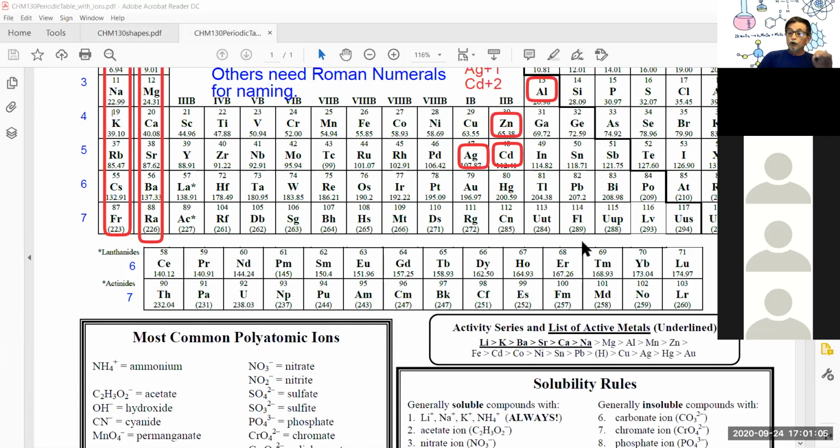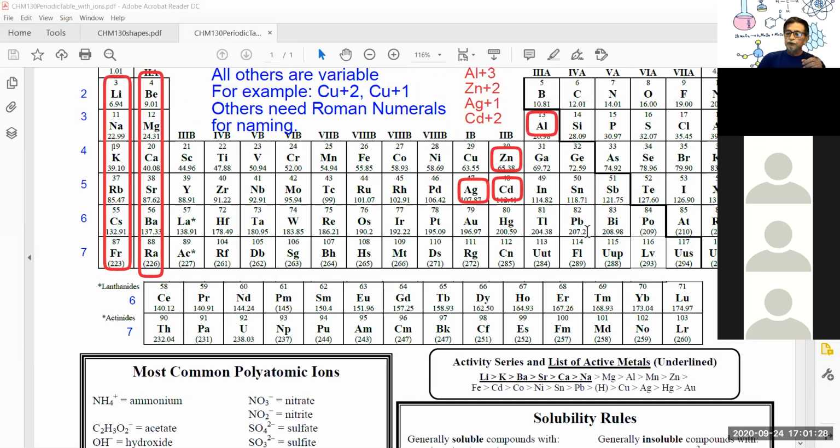Fluorine is our benchmark. Fluorine is the most electronegative element on the periodic table, and everything else, as you go toward fluorine, the electronegativity increases. So when I want to compare the electronegativity between two elements, I look to see their position relative to fluorine.